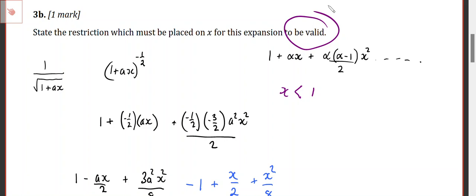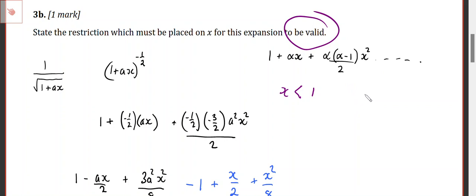Yeah, this is an infinite series, or it doesn't converge. What do you know about an infinite geometric series?